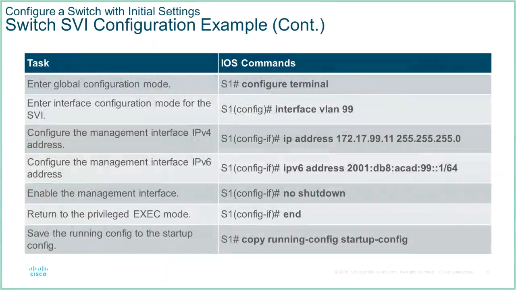So as a refresher, config terminal from the global privilege mode into global config mode, then go into interface VLAN 99, give it an IP address, do the no shutdown to turn the interface on, End or Control Z to exit out of config, and then save your configuration file so that it's still there when you reboot.